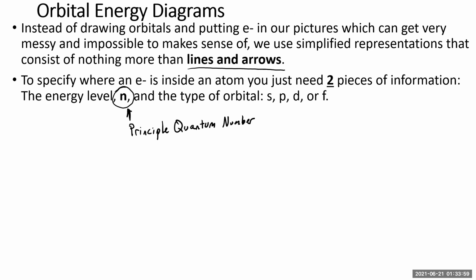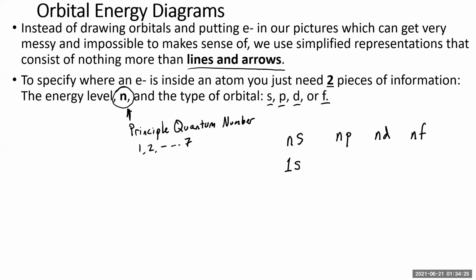The energy level n, which is again a number from 1 to 7, and the type of orbital, s, p, d, or f. And when you put those together, you get ns, np, nd, nf. Now, at energy level 1, you have only one kind of orbital, s-type orbitals.